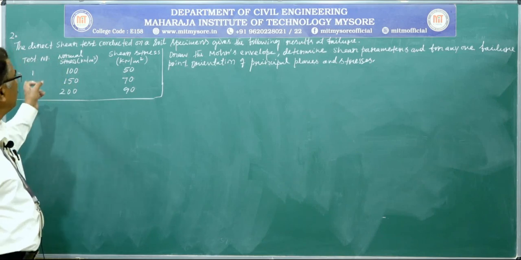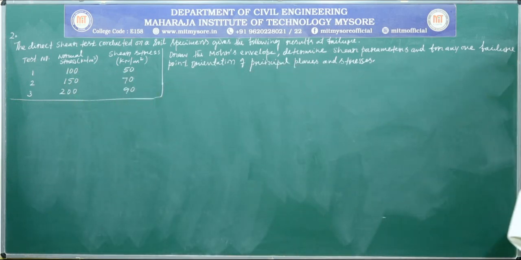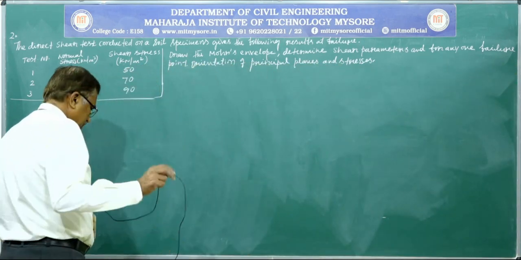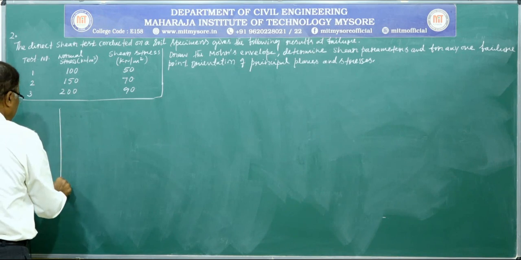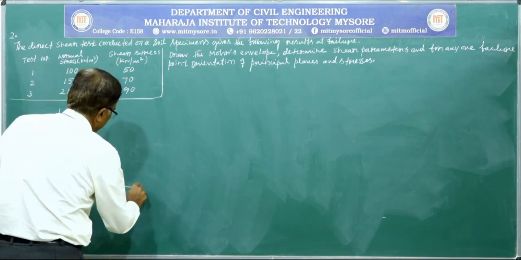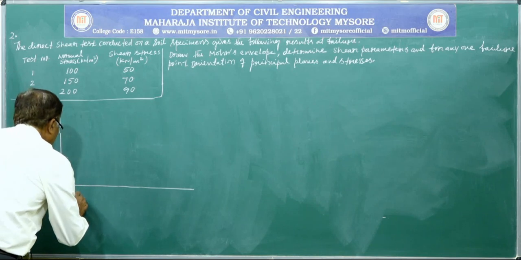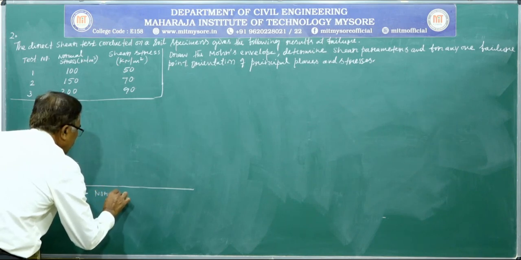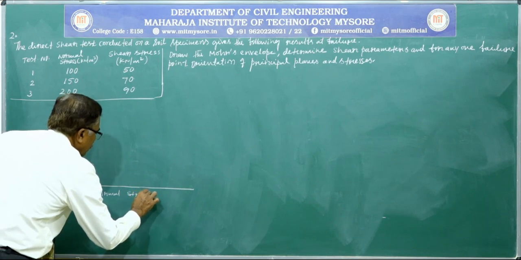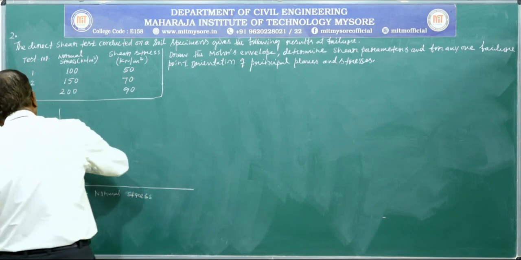First we need to calculate the shear strength parameters. For that we have to draw a graph, with normal stress along the x-axis and shear stress along the y-axis.